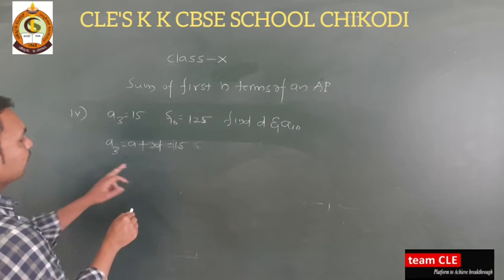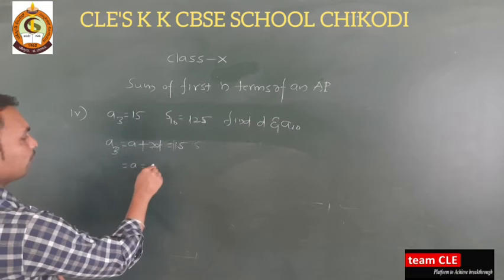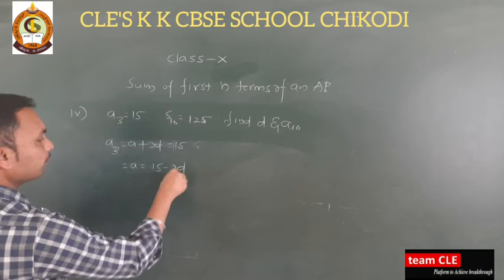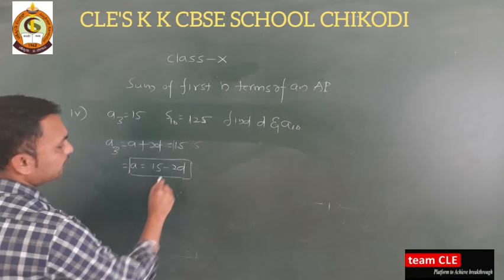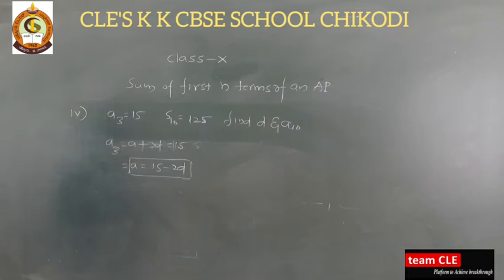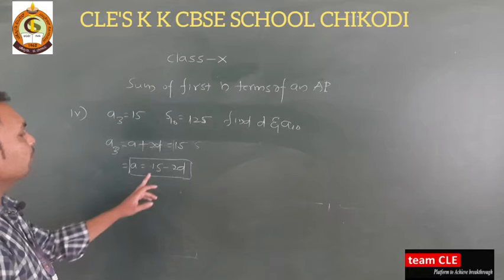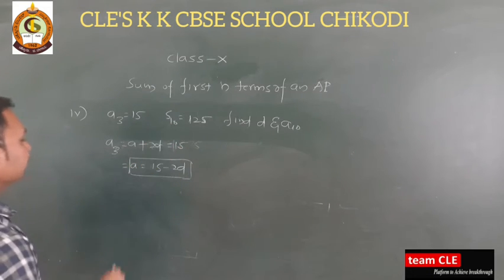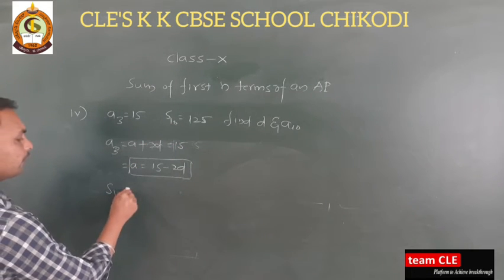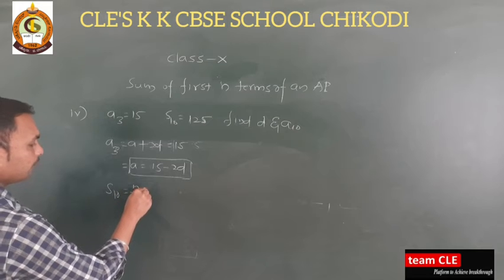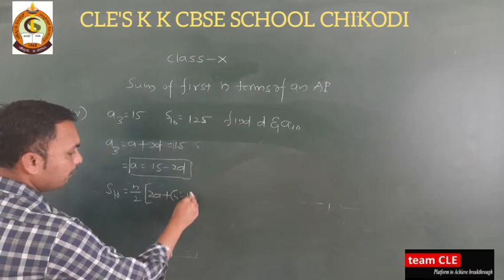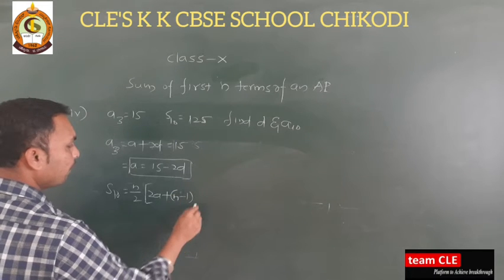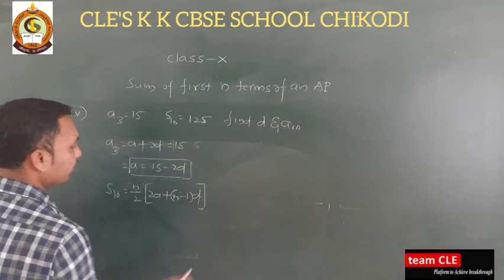Now A is equal to, what I will do, this is 15 minus 2D. So A value I will take as 15 minus 2D. Okay. Now once I got this, S of 10 is equal to n by 2 into bracket of 2A plus n minus 1 into D. Okay.